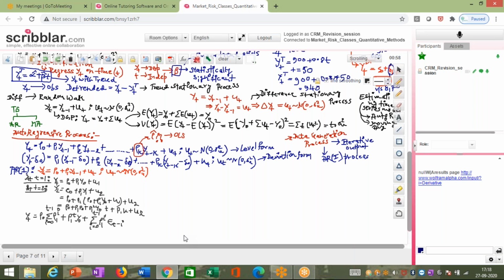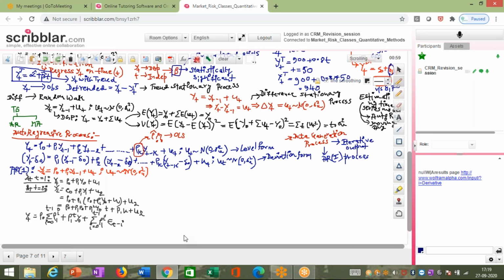So it is determined by the rho i's, by the respective rhos. The second thing which impacts this is the y0, the initial condition, and obviously there is an impact of the error terms. So these are the three broad components in the data generation process.